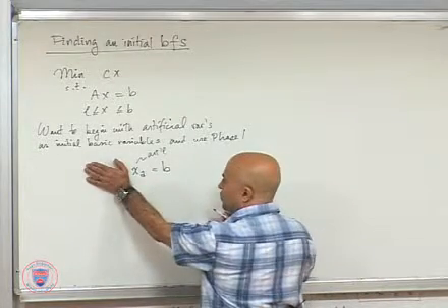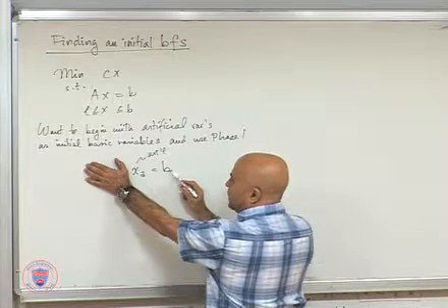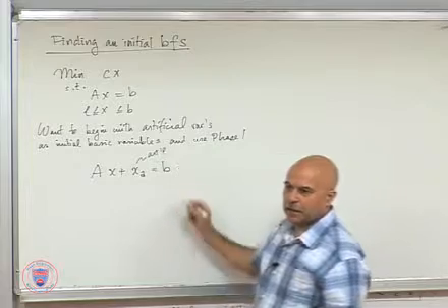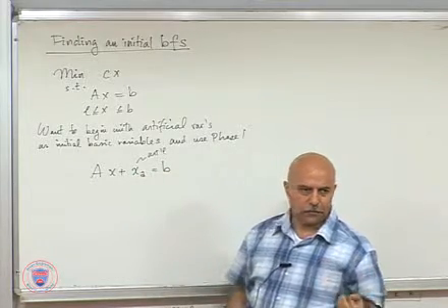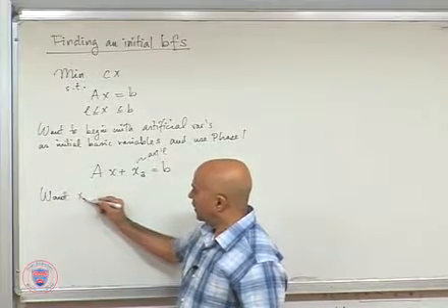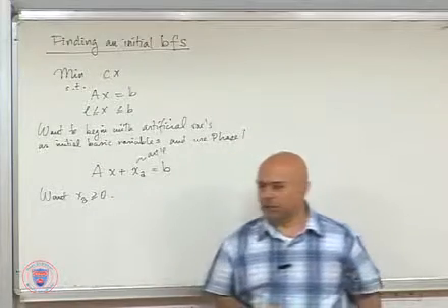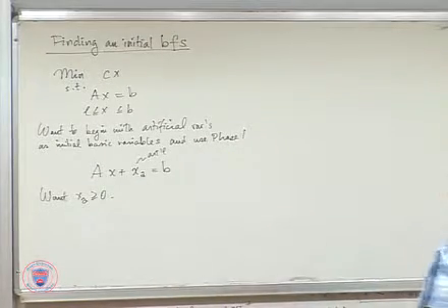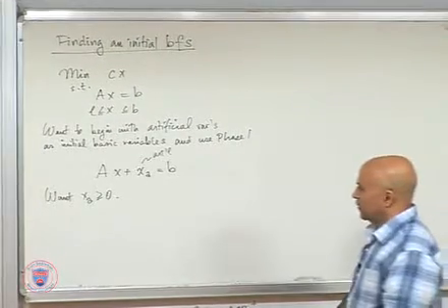If you were able to do that, xa would be equal to b, and if b is non-negative, that's the only requirement on the artificial variables. Whatever values they assume, we want to make sure that they are non-negative. There's no upper bound for that.